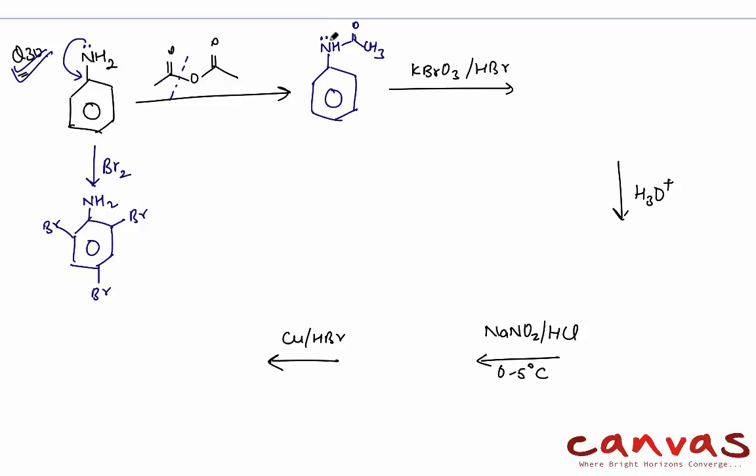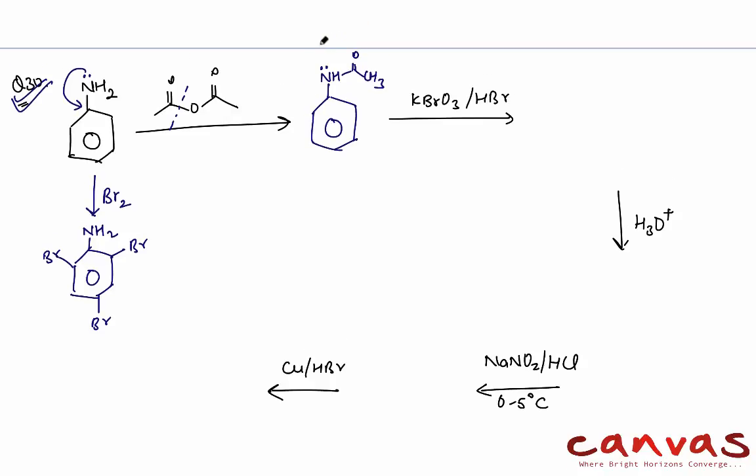Here the lone pair of the nitrogen is in cross conjugation. So sometimes it is available with the benzene, sometimes available with the keto group. So that is why the activating power is less. So this is less activated than aniline.